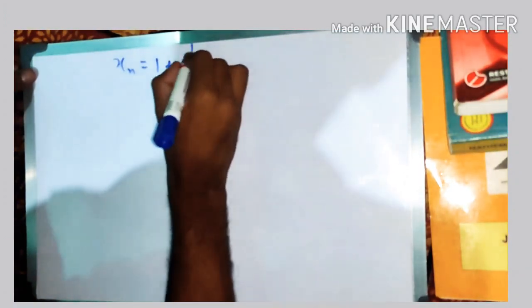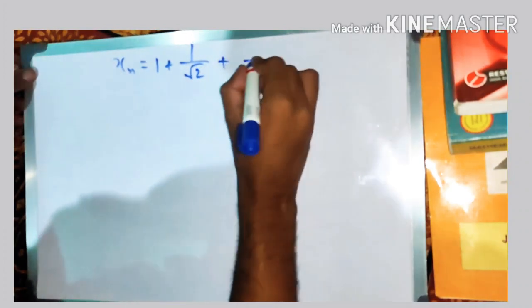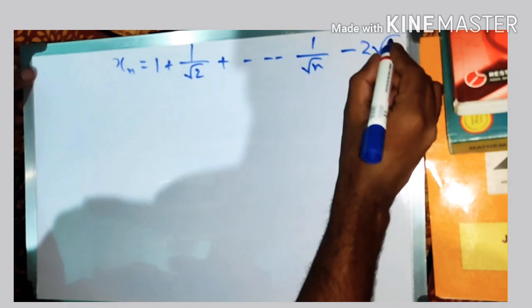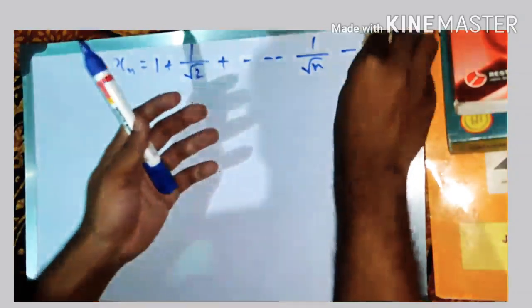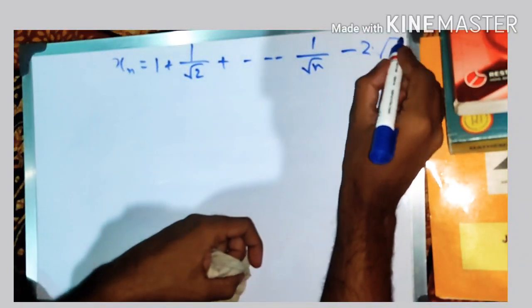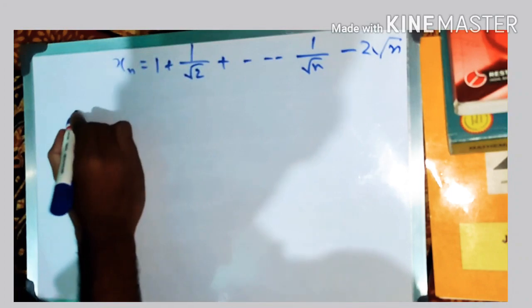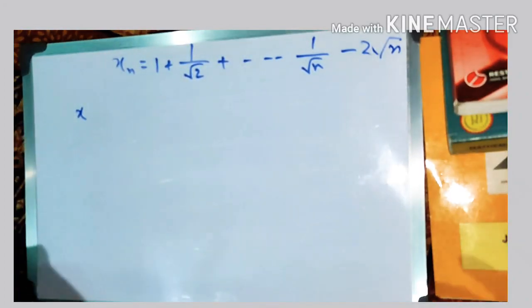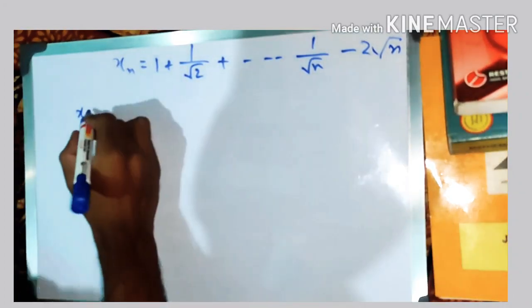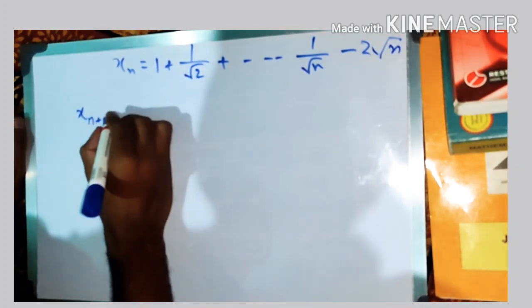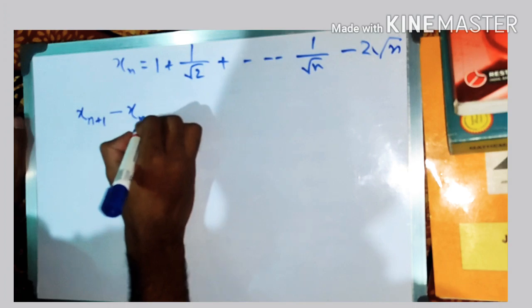Now write the sequence xn equals 1 plus 1 by root 2 plus dot dot dot plus 1 by root n minus 2 root n. Now let's check if it is monotone or not. Start with xn plus 1 minus xn.